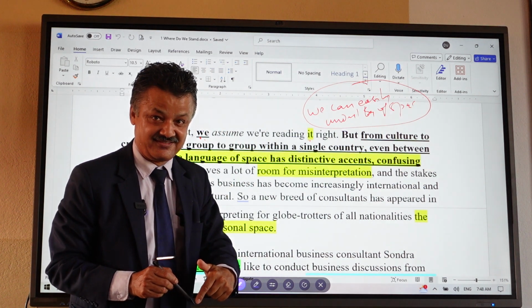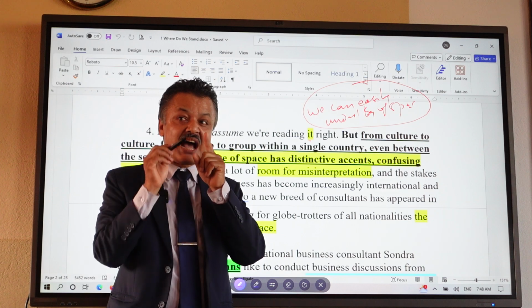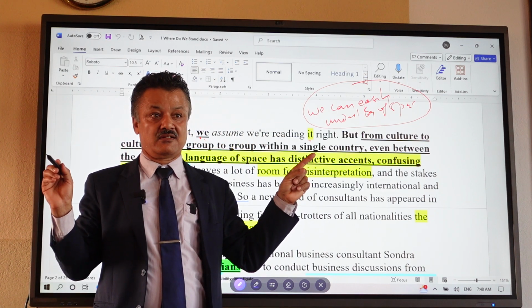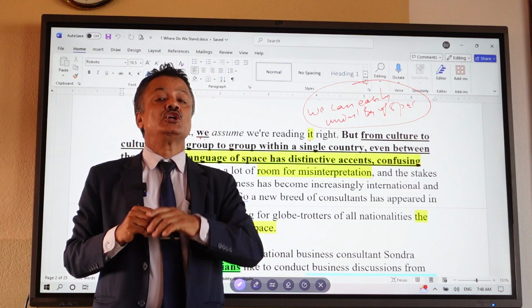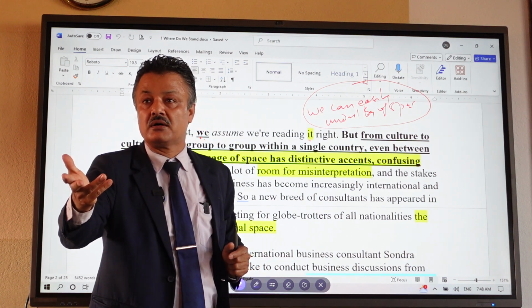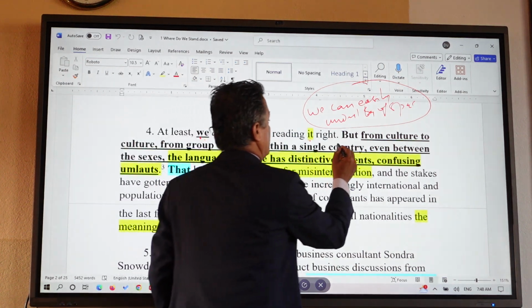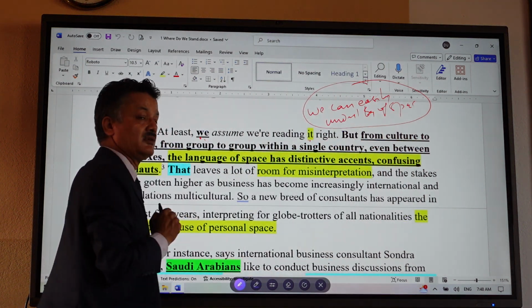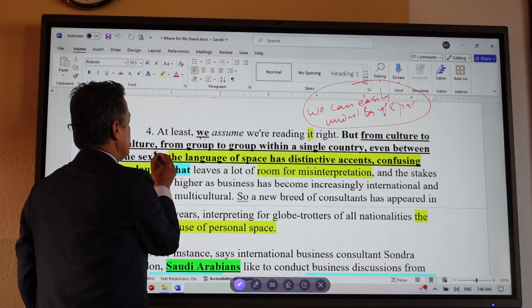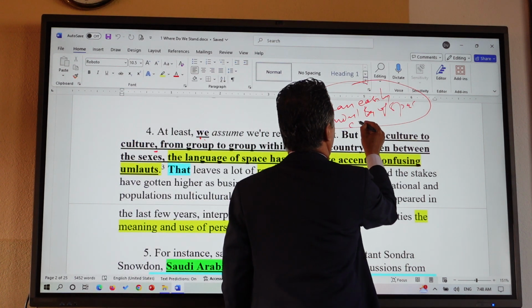But. Whenever in argumentative writing, most of the time writers use but to introduce opposite idea. But now, from culture to culture, there is a comma, clause 1.